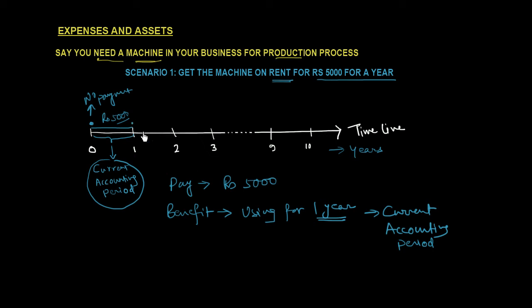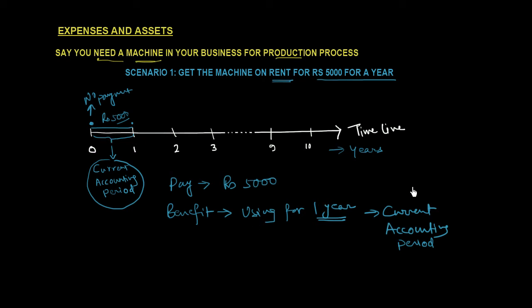For using the machine in the next period, you will have to pay either additional rent, or make some arrangement with the owner of the machine. But in this scenario you pay rupees 5,000 and use it for only this period. So here the benefit is enjoyed in the current accounting period and expires with the expiry of the current accounting period.